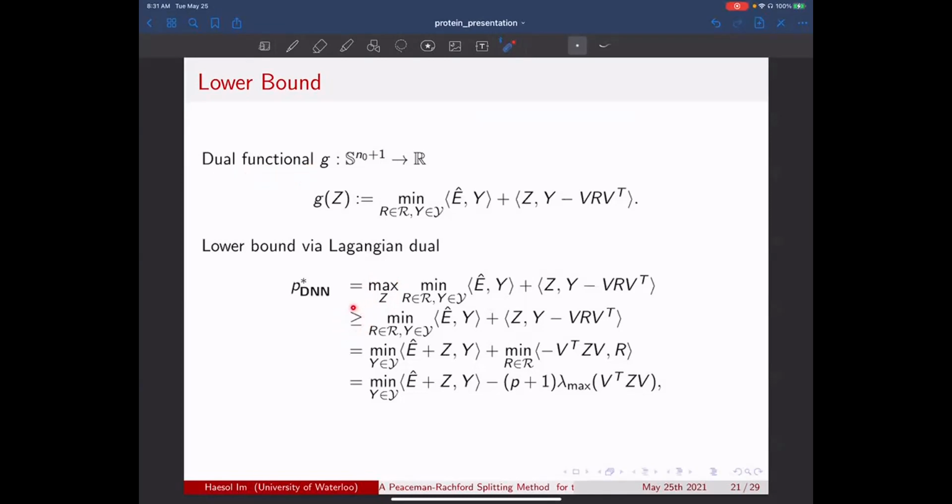And this inequality is coming from picking any Z. In our algorithm, we're picking Z to be the dual multiplier at the point of evaluation. And what we can do is separate this Y variable and R variable and end up with the last line. So this first minimization part with respect to Y is very cheap to compute. And the second part only requires one eigenvalue decomposition to obtain the maximum eigenvalue of this matrix. So this is cheap.